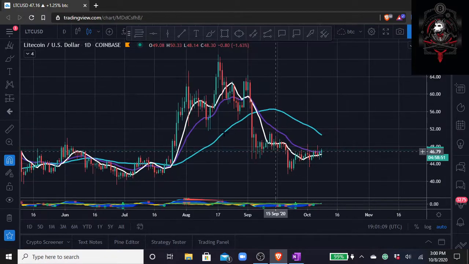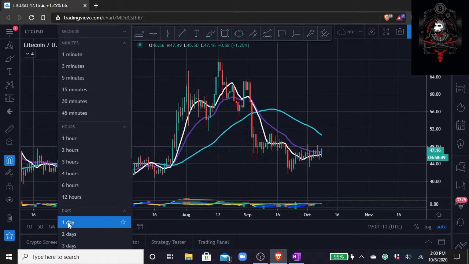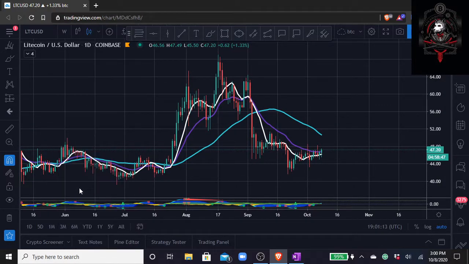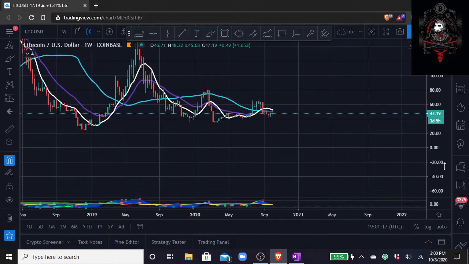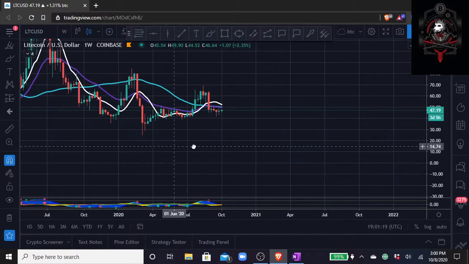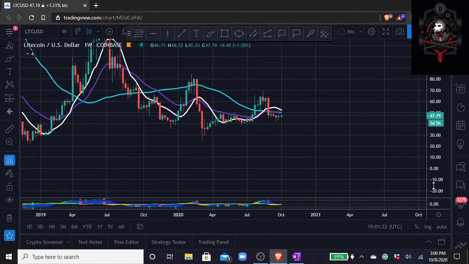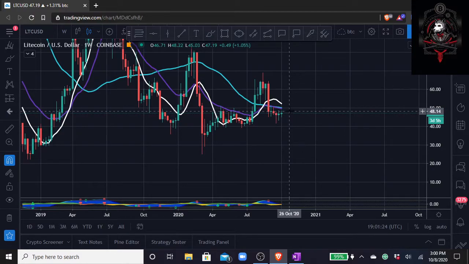But you guys can see here on Litecoin, we'll just go ahead and switch over to the weekly. Litecoin on the weekly, yep, just like I thought, same as the others. It is testing that 21-week moving average, 50-week moving average. We got the 9-week coming down.